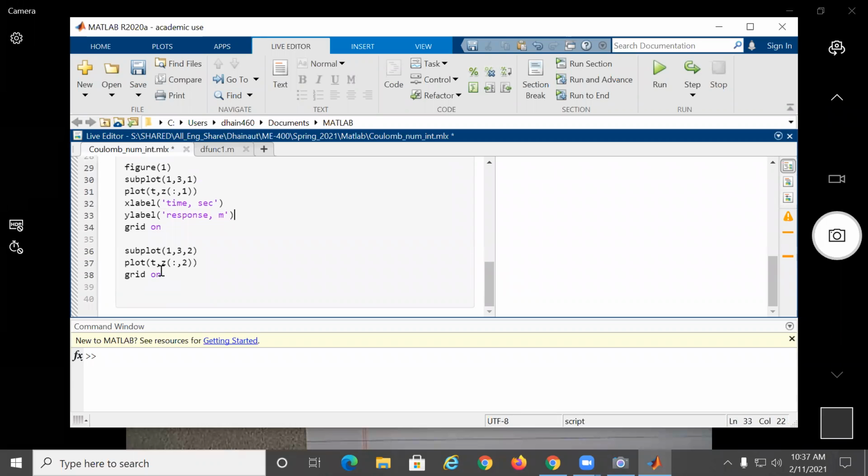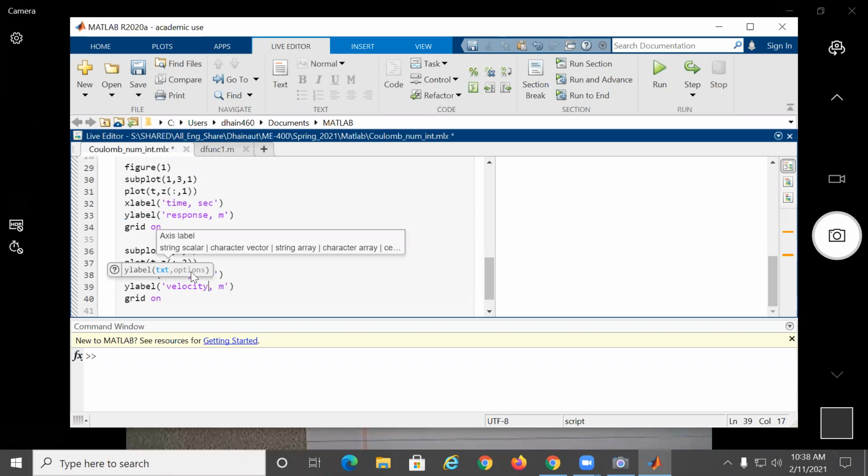Okay, the second one will have basically the same thing, time, but this time this would be the velocity in meters per second.